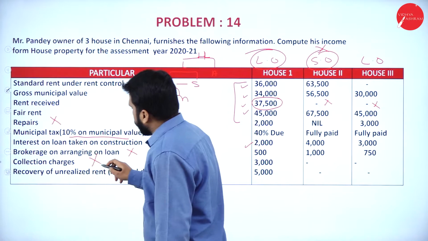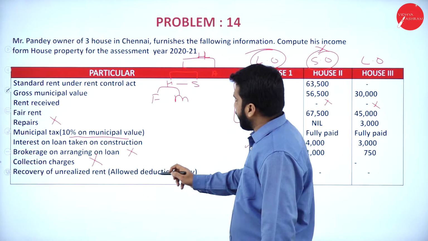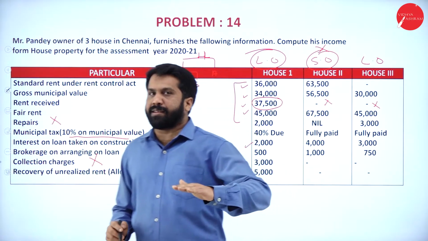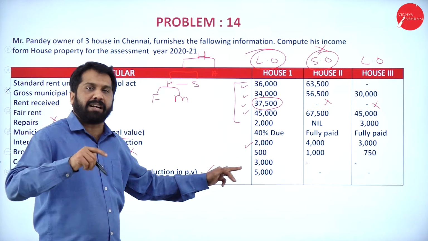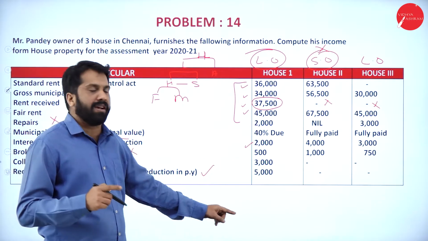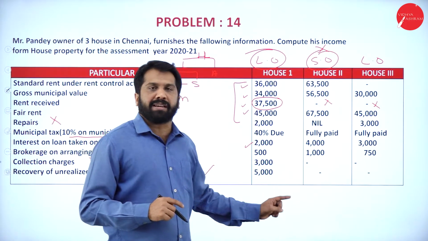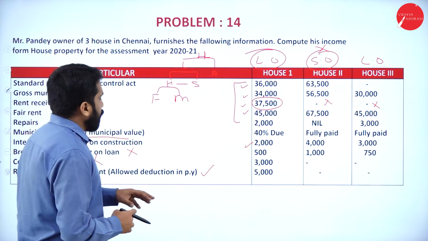Collection charges, no, we will not consider. Then recovery of unrealized rent, yes, we will consider. After doing all the calculation, at the end of income of house 1, we will add back this 5,000. Again, I'll repeat. After doing all the calculation, at the end, we will consider this 5,000. Hope you are clear.